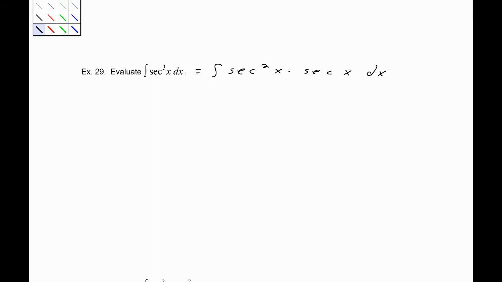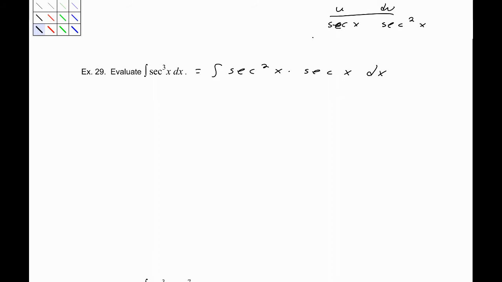Okay, what we are going to do is integration by parts. I'm going to take u and dv. My u is going to be secant x, and my dv is going to be secant squared x, because that's easy to integrate, whereas secant is easy to differentiate.